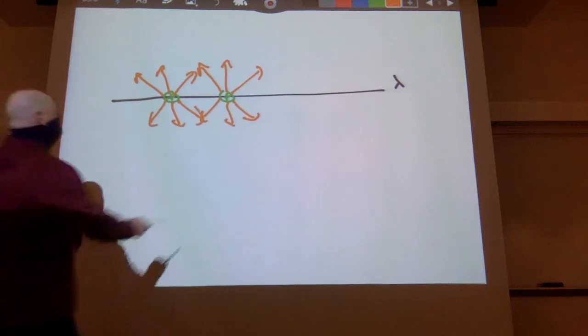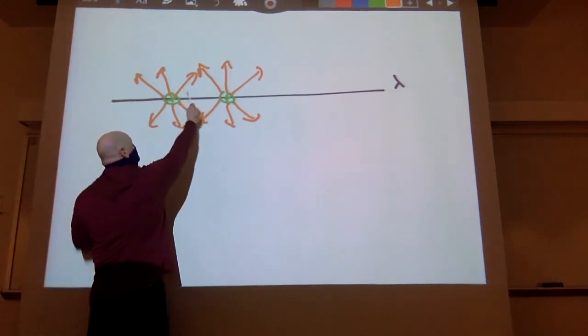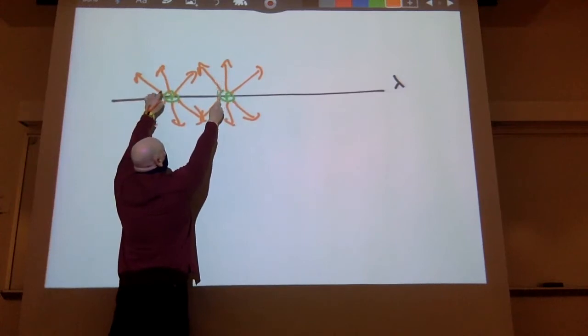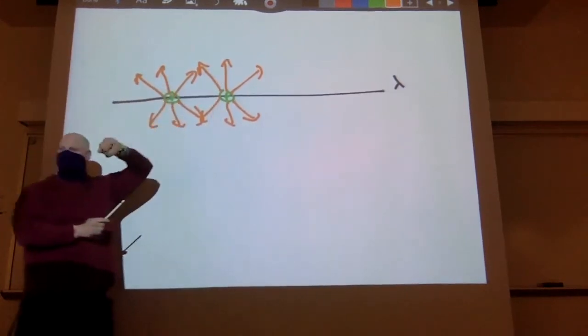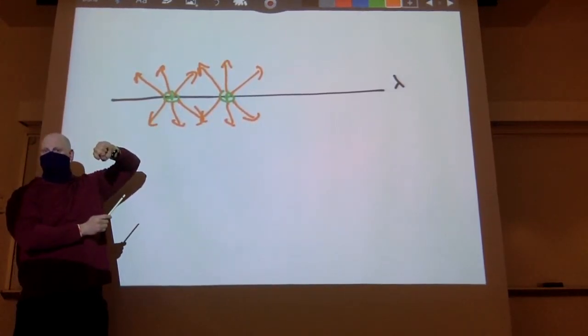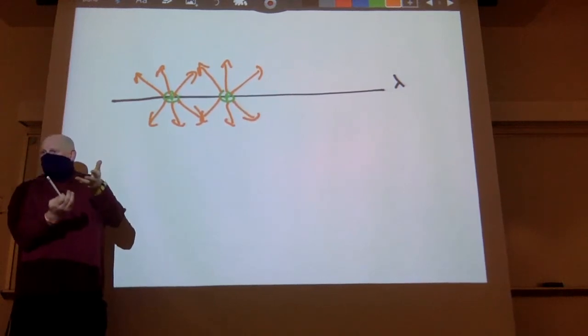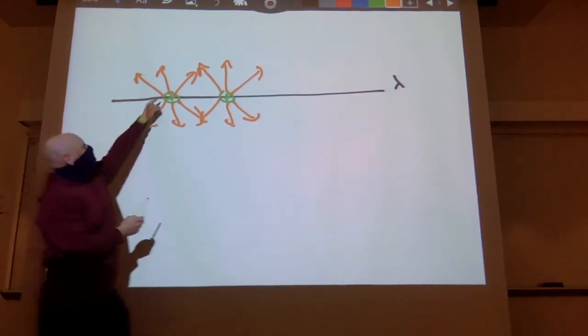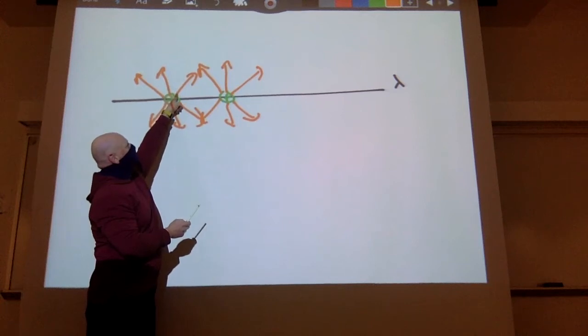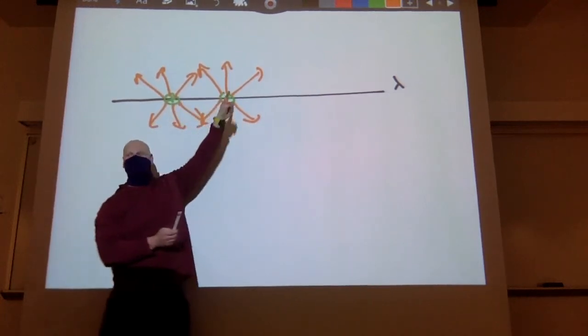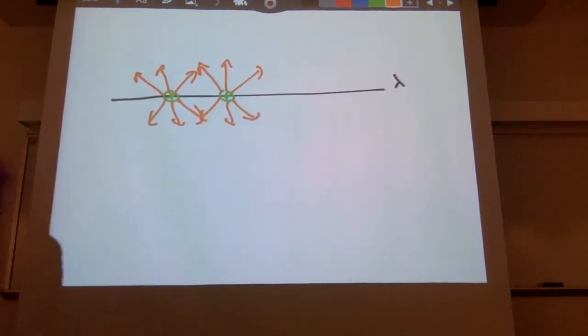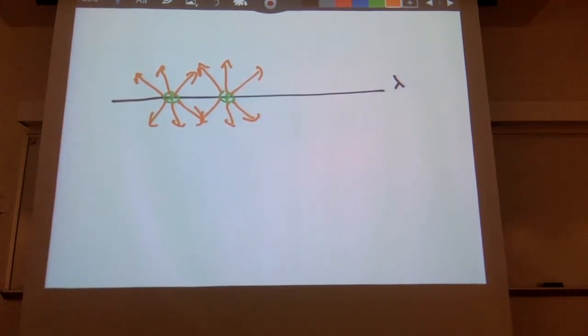Now, if I superimpose this electric field on top of this one, what has to be true about the magnitude of this one versus the magnitude of this one? They're the same because they're the same charge, right? Which means the horizontal piece of this one and the horizontal piece of this one are equal and opposite, so they cancel each other. The only direction that this electric field can point is like this.